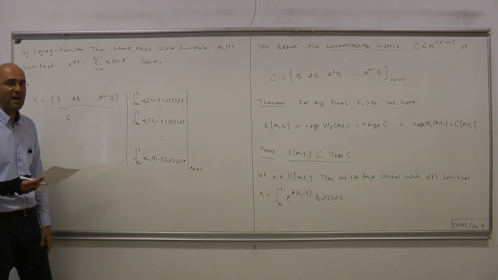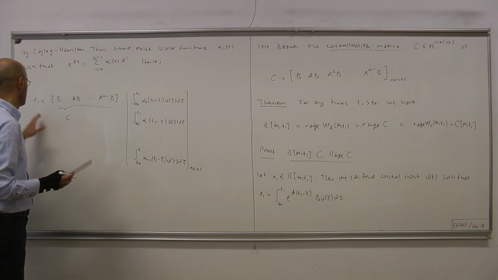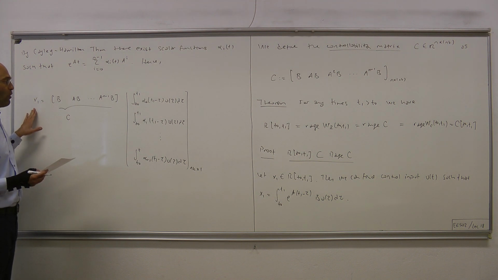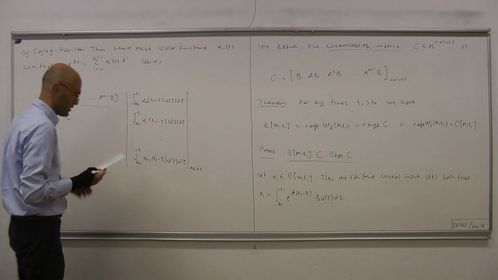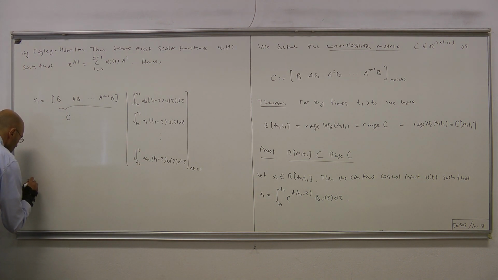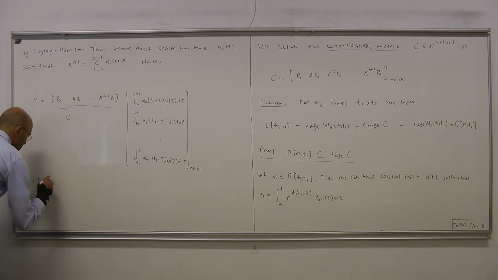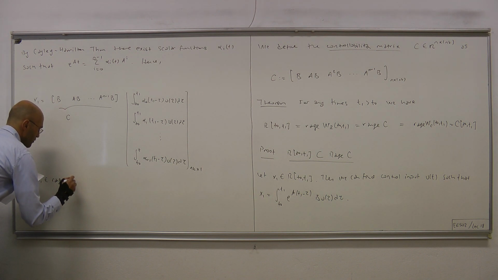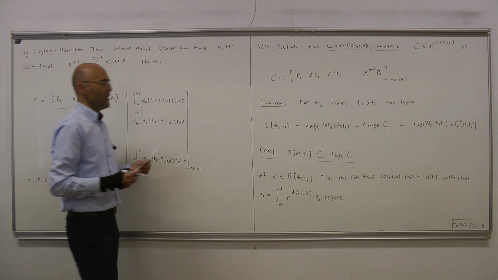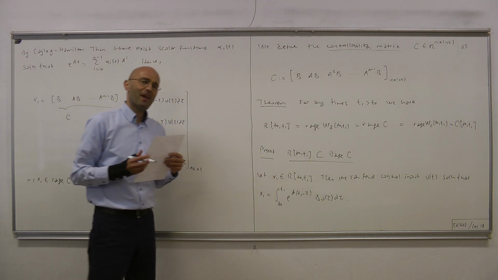And then by definition of range space, it automatically follows that x1 belongs to the range space of the controllability matrix. Therefore, this direction has been shown.